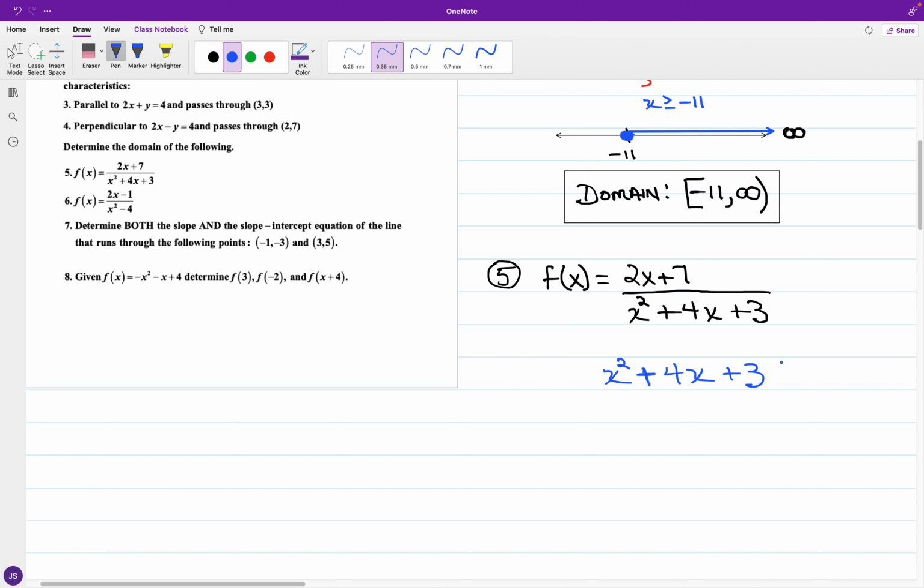So this trinomial cannot be 0. And pinpointing just what values of x will be excluded from the domain, we have this expression, which is factorable. So x squared plus 4x plus 3 will factor out to the quantity of x plus 3 as well as the quantity of x plus 1.